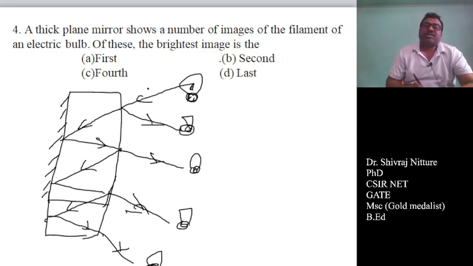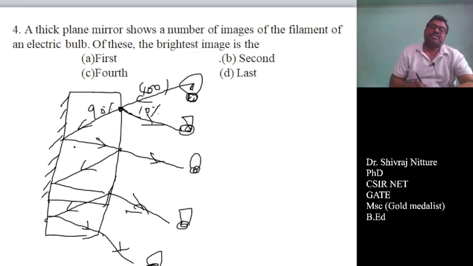Right? So here, of 100% of incident light, 10% is reflected and 90% is transmitted because it is a transparent body. Here the plane mirror completely reflects. So 90% comes this side. Among this, 80% is transmitted, 10% is reflected. Look at this. So throughout, this 80% comes here.